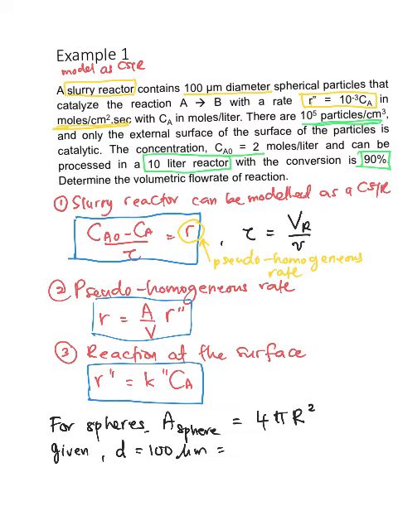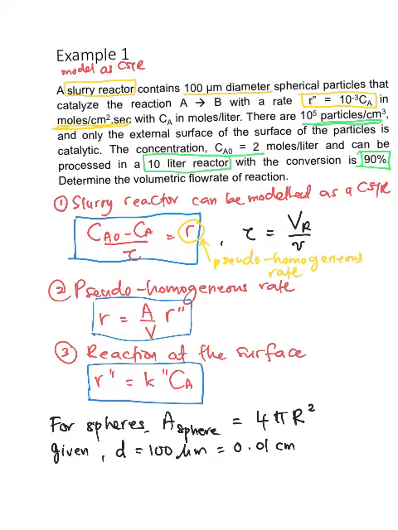So here in cm, rate of reaction in cm, so we change the unit micron to cm, which is equal to 0.01 cm.